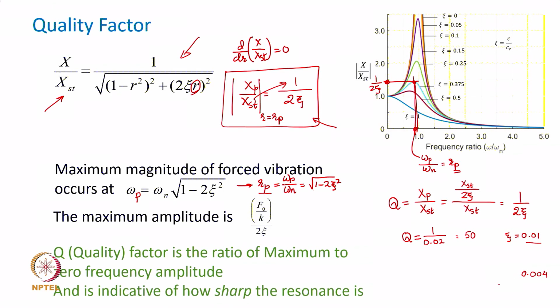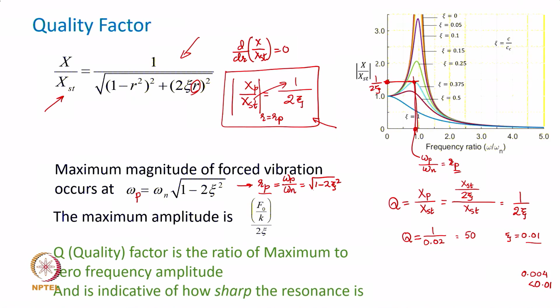It depends upon the real composition and all, but generally that is the range, less than 0.01. So, you can imagine that if there is no additional damping in a structural vibration case, the resonance can be very sharp. And what this 50 actually means is that the peak amplitude will be 50 times the amplitude at zero frequency.